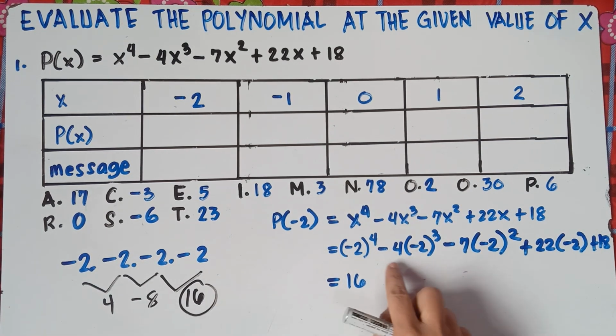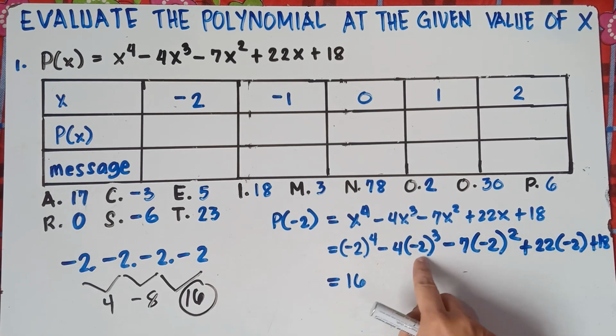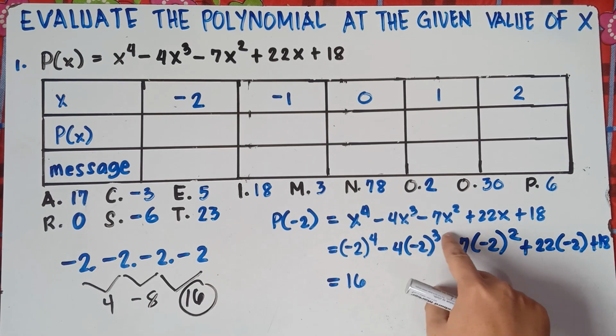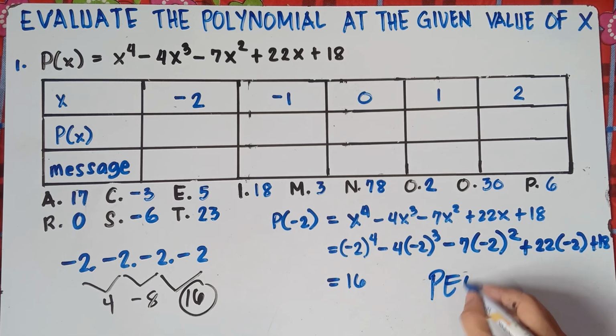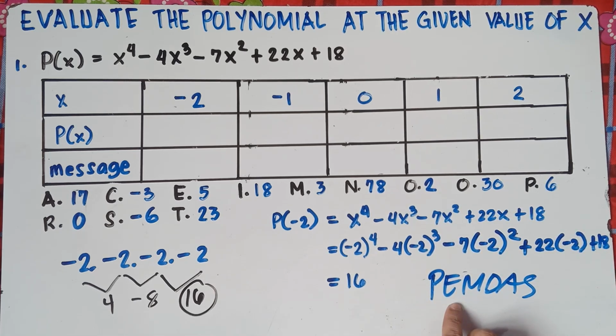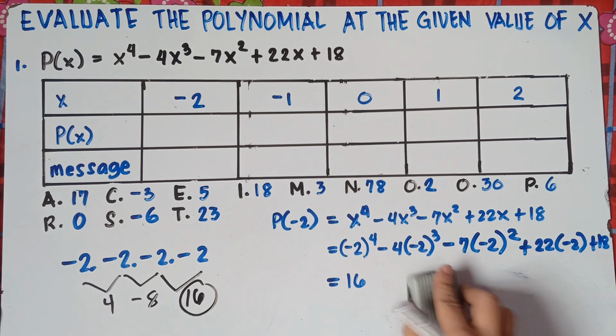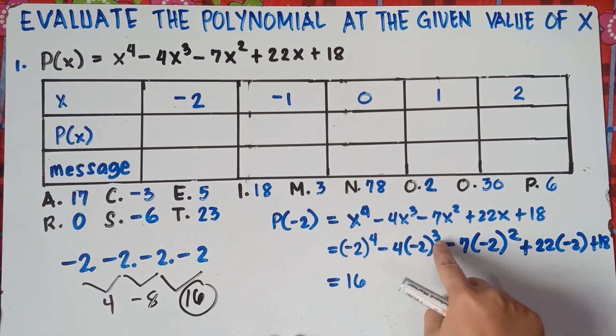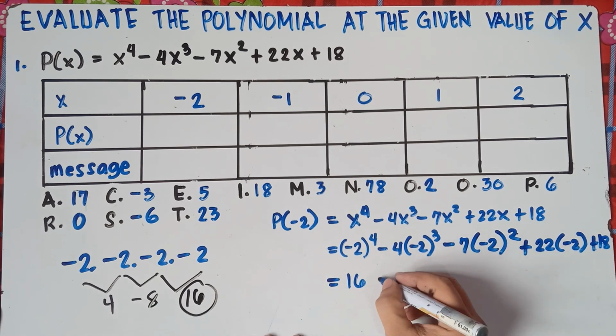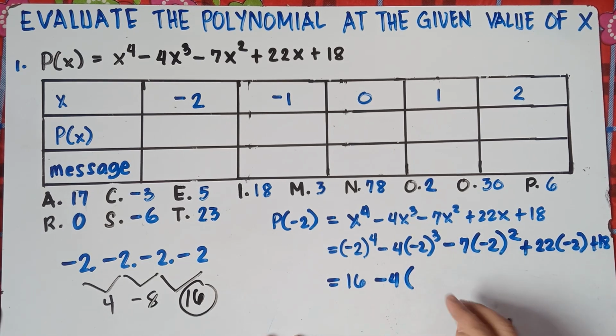Then once again, class, do not multiply negative 4 and negative 2. Simplify first negative 2 raised to the power of 3. Always follow PEMDAS, class. Parentheses and exponents come first before multiplication. So simplify this one first: negative 2 raised to the power of 3. Copy first the negative 4, then multiply.